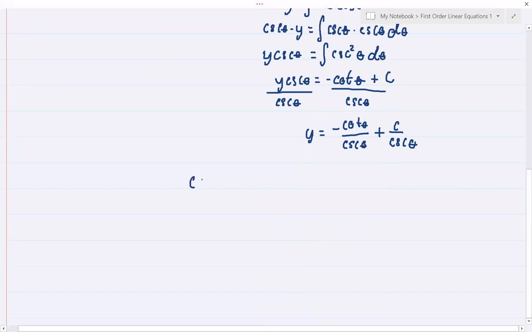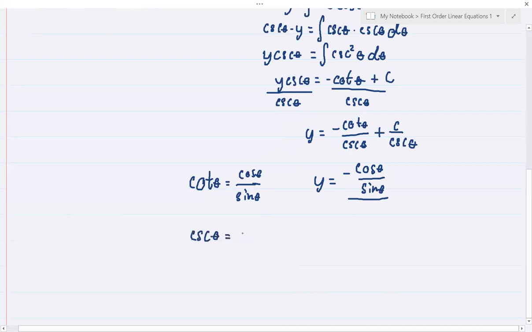Remember that cotangent theta is equal to cosine theta all over sine theta. So y is equal to negative cosine theta all over sine theta, all over cosecant theta. Remember that cosecant theta is equal to 1 all over sine theta. So we will have 1 all over sine theta plus c all over 1 all over sine theta.